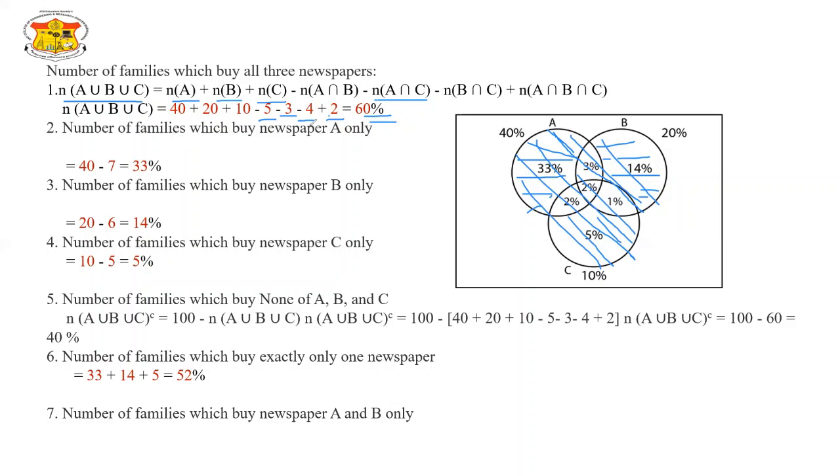So the answer: 60% of families buy all 3 newspapers.